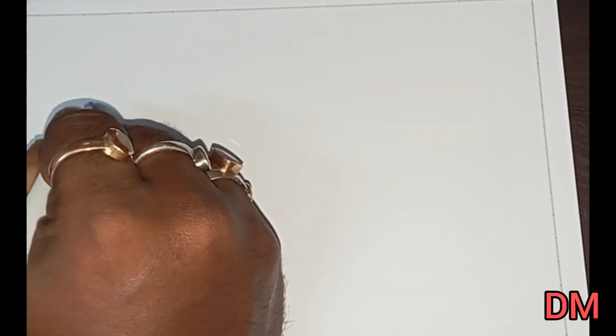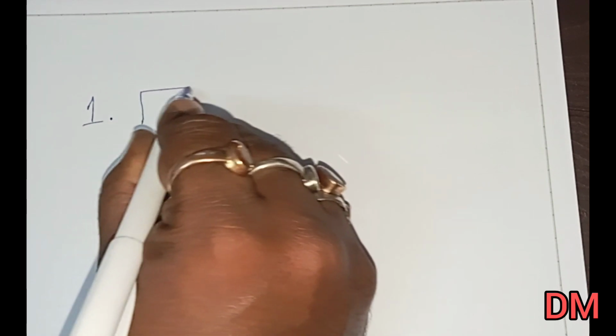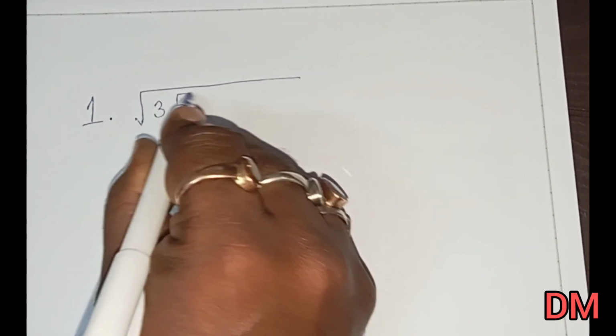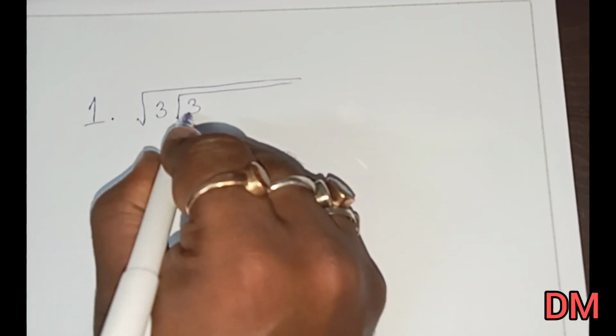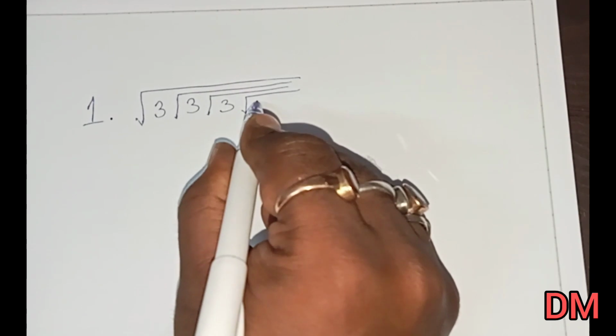Today we will discuss some problems. Problem number 1: root under 3, again 3, again 3, 3.